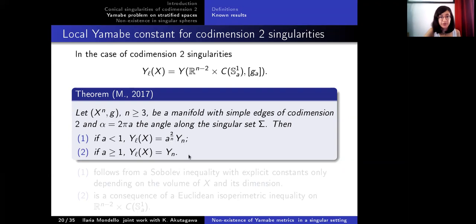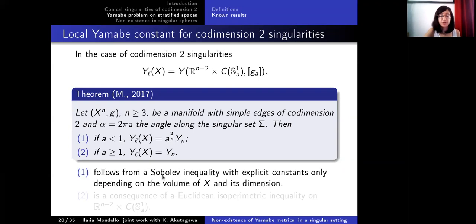So the first one is the more difficult to prove, and it relies on finding the good Sobolev inequality with explicit constants. That depends only on the volume and on dimension of the stratified space. And this is done by using a spectral gap on the compact stratified space in the form of Alice-Norowitz theorem.